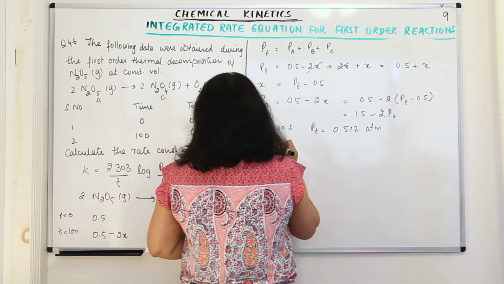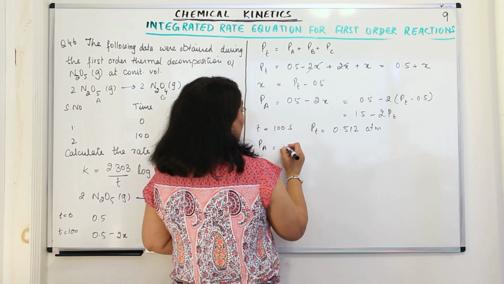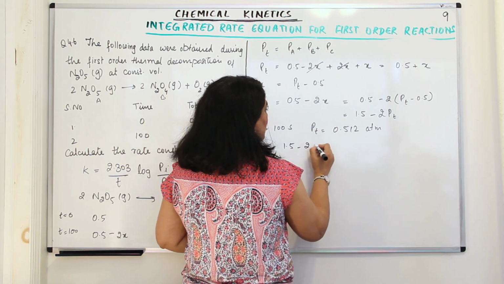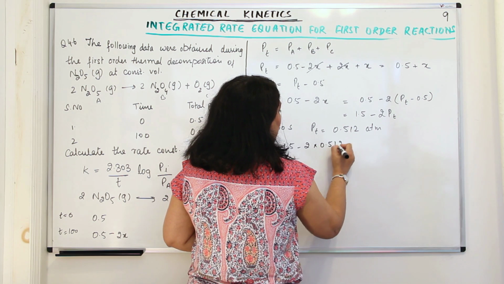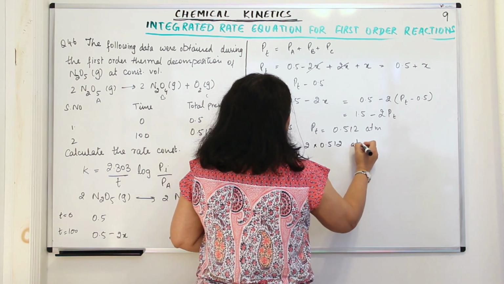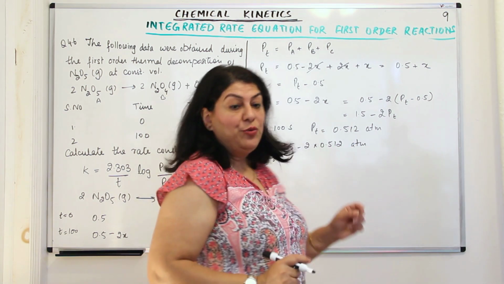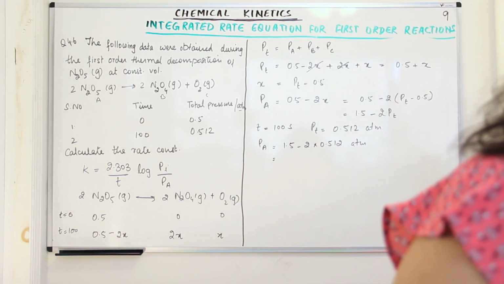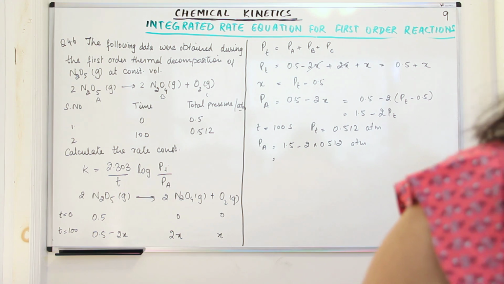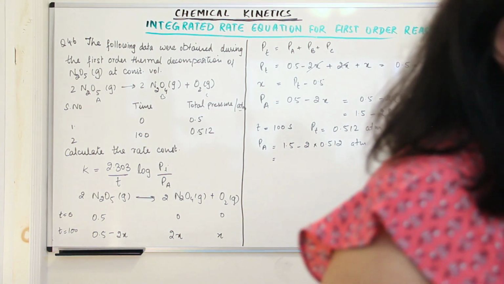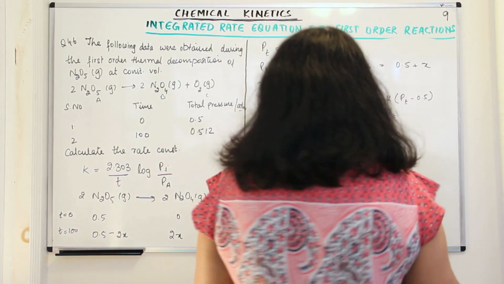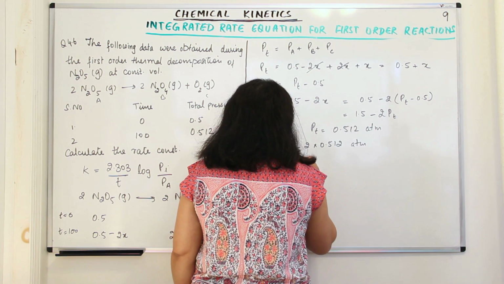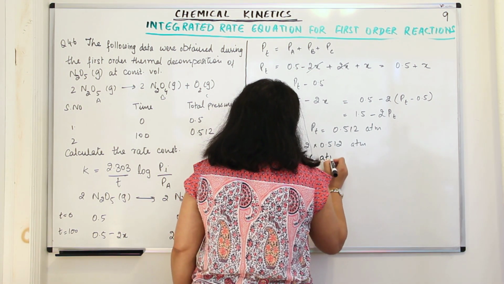So if you substitute the value of PT here, you can get the value of PA, right? You can get the value of PA would be equal to 1.5 minus 2 into 0.512 atmospheres, right? And this, when you calculate it, would be equal to 0.476 atmosphere.